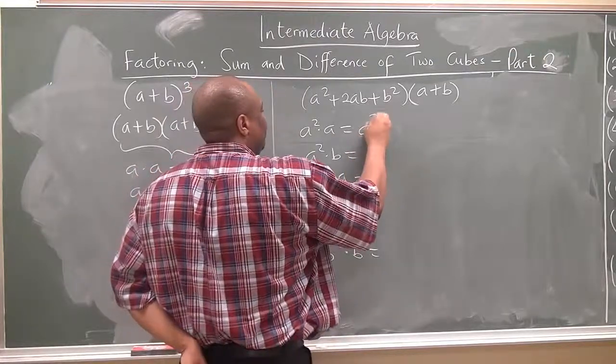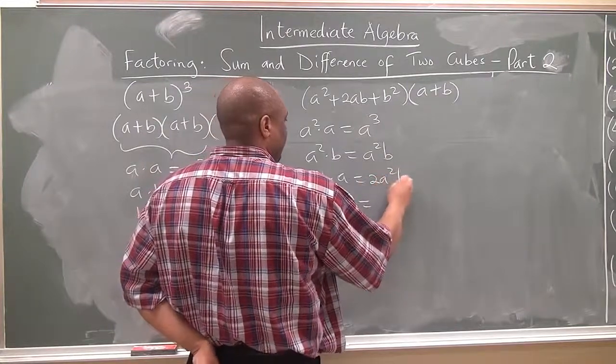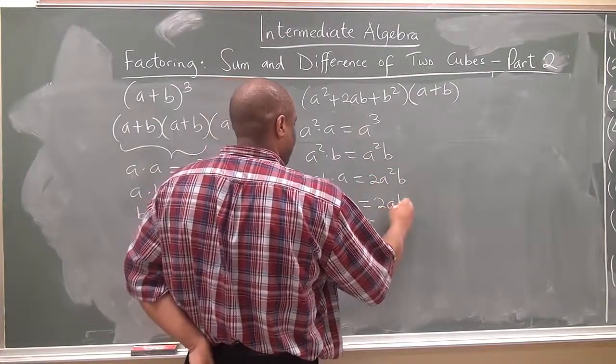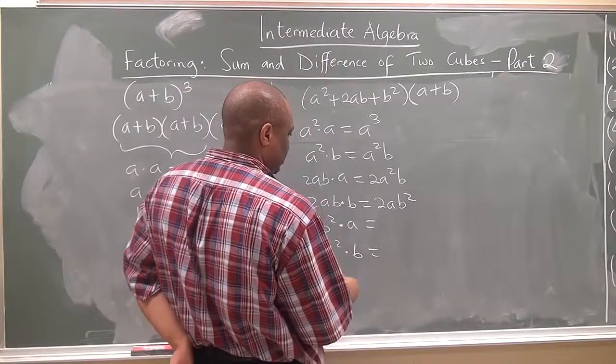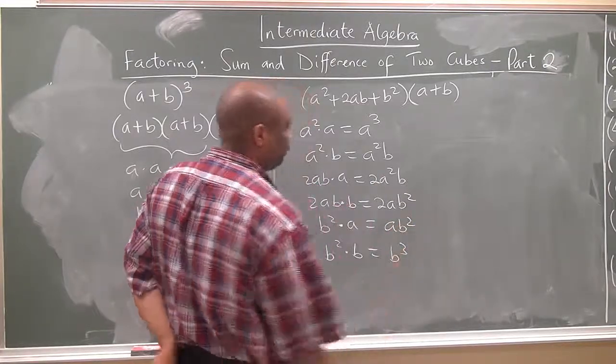So this is a cubed, this is a squared b, this is 2a squared b, this is 2ab squared, this is ab squared, and this is b cubed.